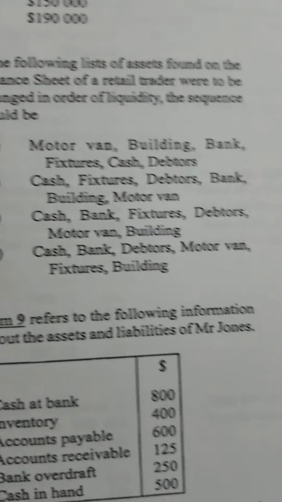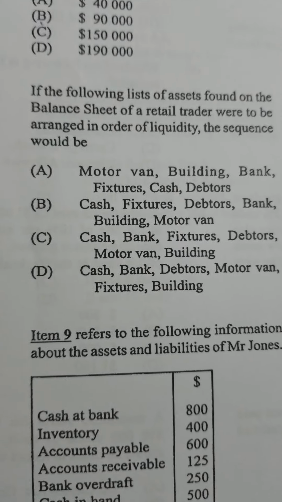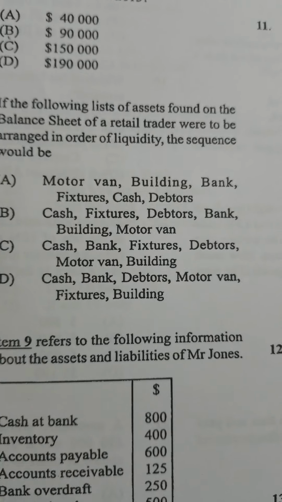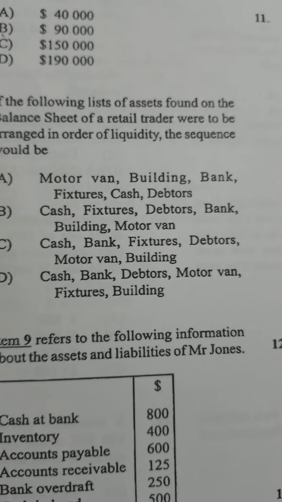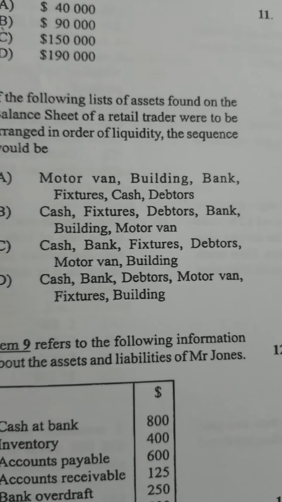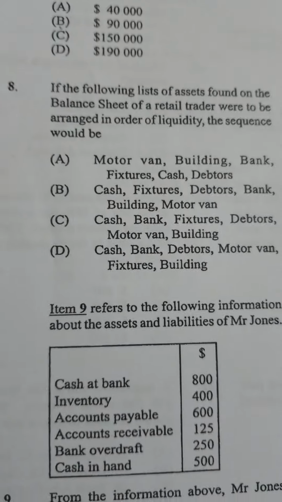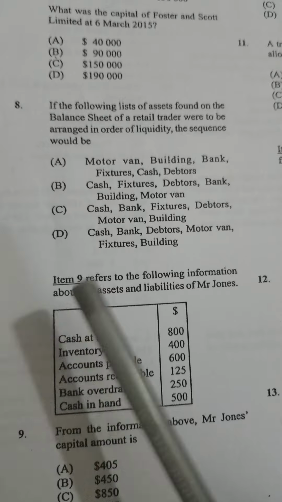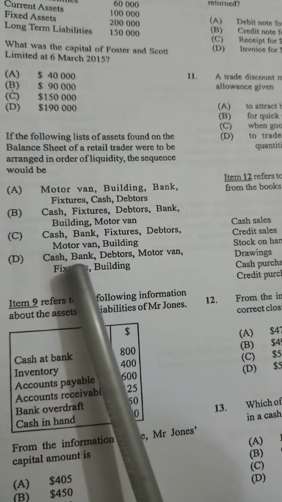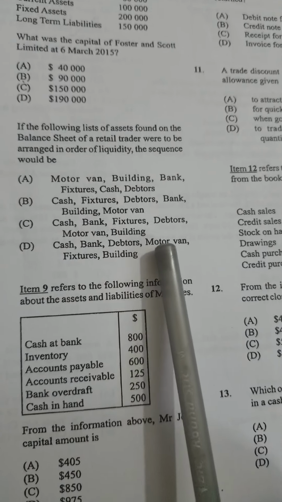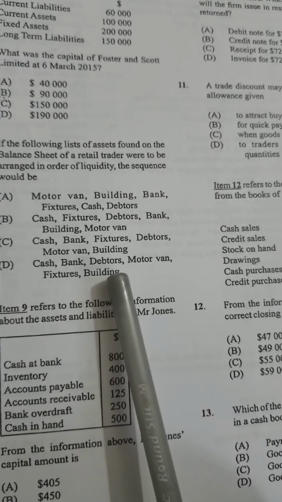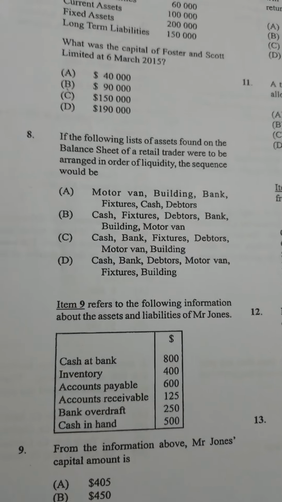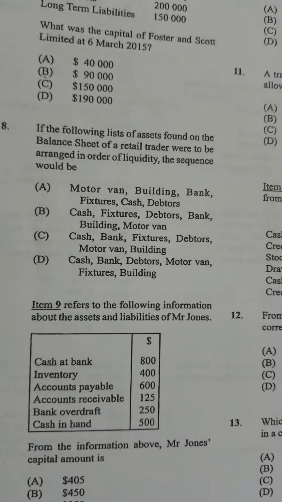Now we come back again to the order of liquidity. And what did we say earlier? We start from cash, which is the most liquid, to the asset that is least liquid. And when we look at D: cash, then bank, then debtors, then motor van, then fixtures, then building. D would have been the most appropriate response.